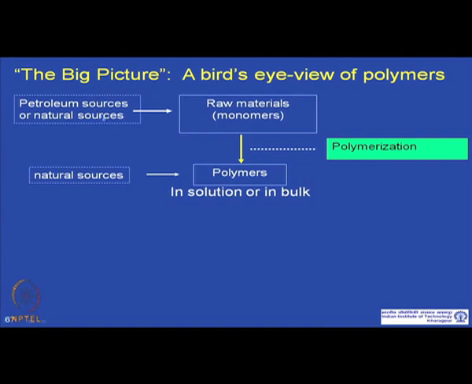So, as a polymer chemist, the current challenge is to make polymers which have good properties to be able to find application, and how they can be made from monomers which are sourced from natural sources.